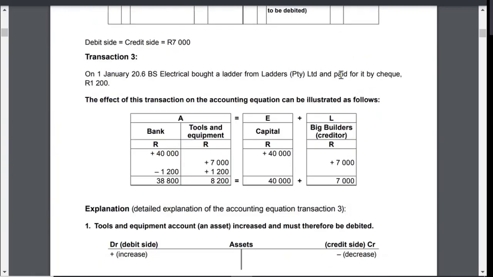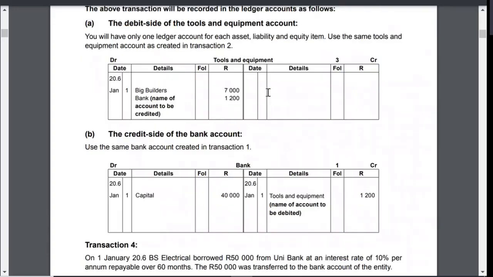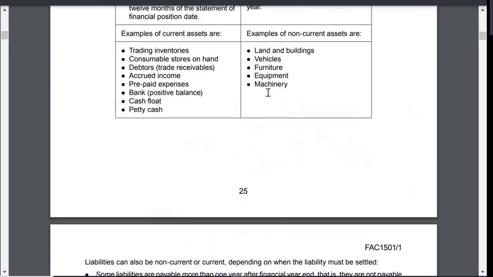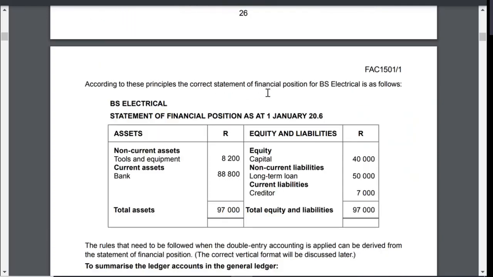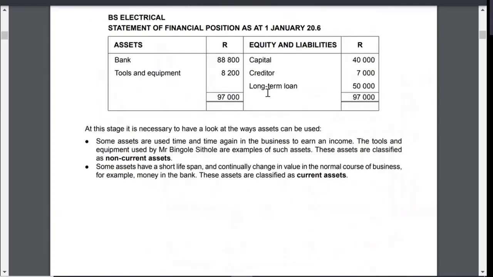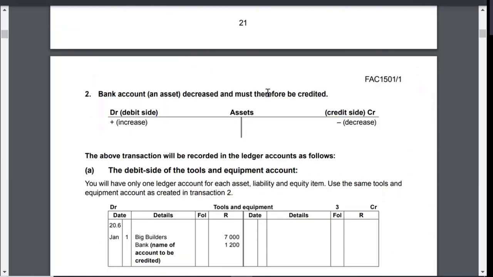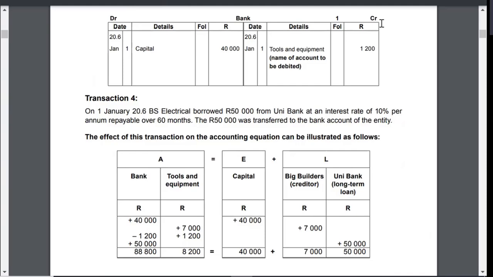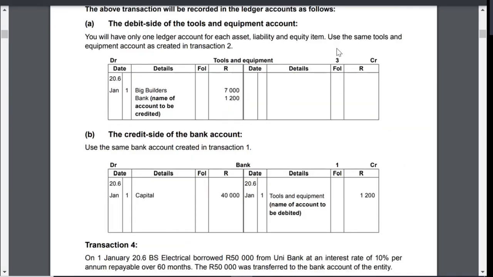So the bank account is decreasing with 1,200, and tools and equipment is also increasing.